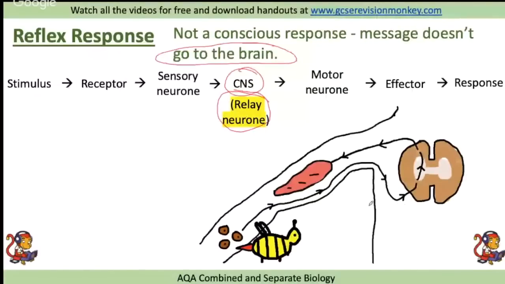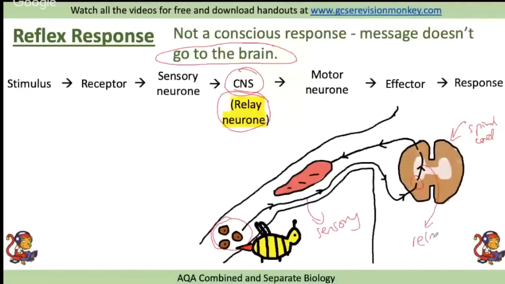All this is showing is this part of the spinal cord. And here we have our stimulus here. We're getting stung by the bee, and our pain receptors are detecting that, sending the message along the first neuron, which is a sensory neuron. Here we've got a synapse, and in the middle, this neuron here is the one called the relay neuron.